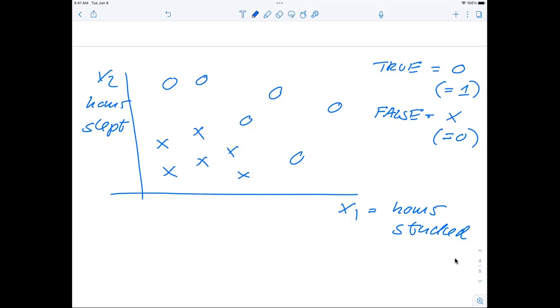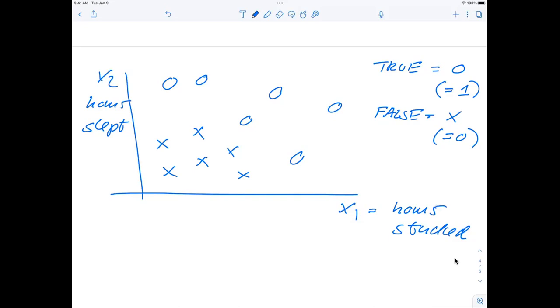Now, if you look at this case here, let me just ask you, could you make a linear regression application to this problem? Because now you want to make a prediction, okay? Somebody gives you the number of hours you studied and the number of hours you slept. And when you have fitted a model to the data here, you want to make a prediction.